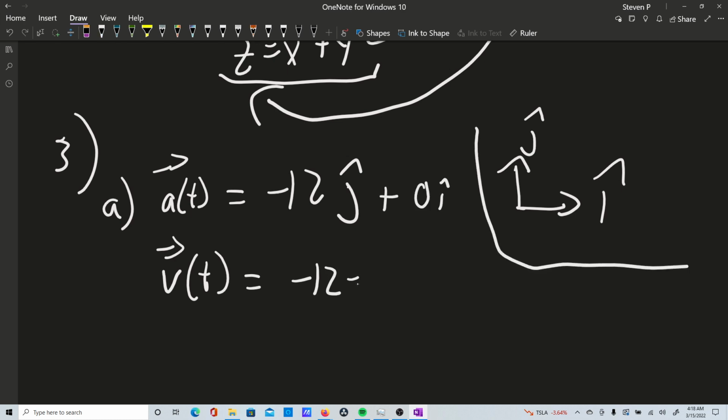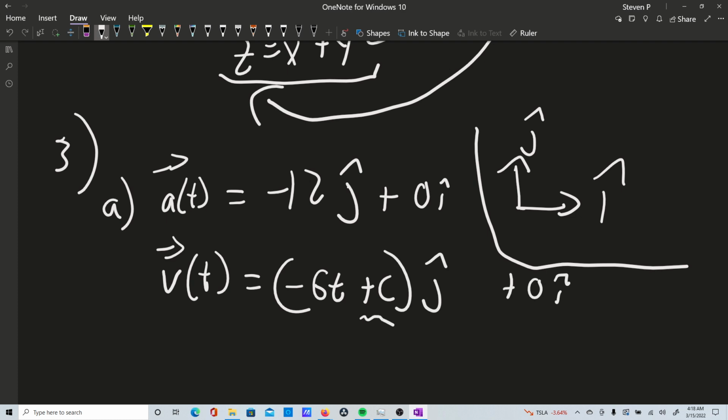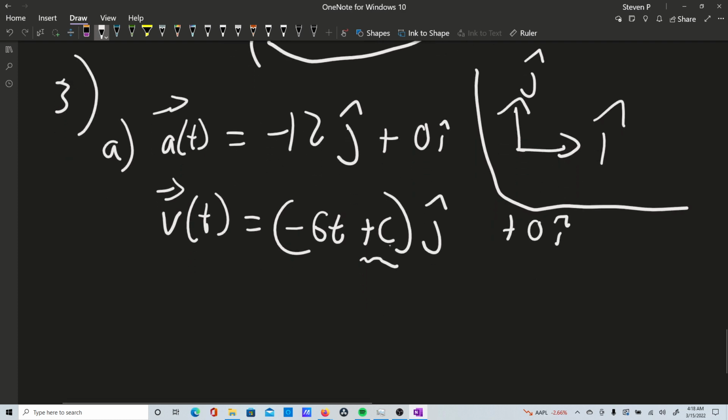You integrate this, so this becomes -6t plus c j hat. Again, i hat is 0. For j hat, you have to think a little about the constant of integration. Because we know v at the start is 0, since it's at rest, c is equal to 0. So all you're left with is -6t.